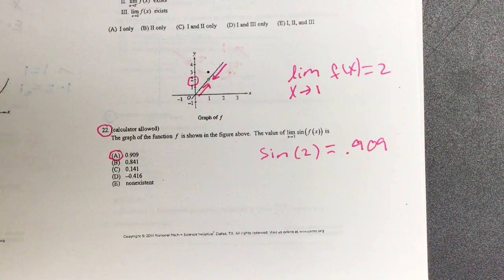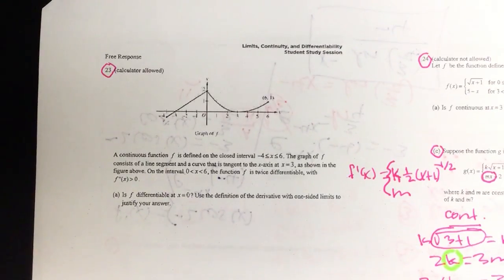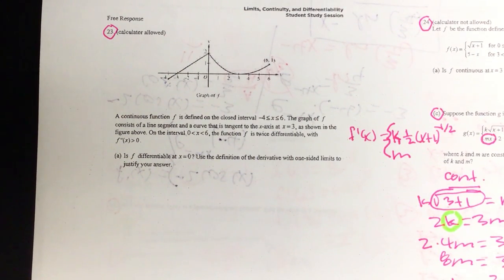All right, let's go to number 23, everybody. Ooh, story time right here. Sam, let's read. Constant function f is defined on the closed interval -4 less than or equal to x less than or equal to 6.